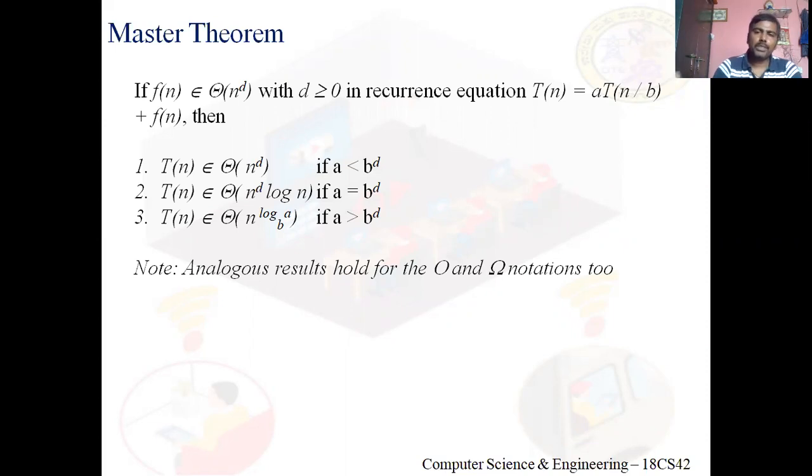Based on these cases, if a is less than b power d, then the efficiency class is big theta of n power d. I mean, t of n belongs to big theta of n power d. If a equals b power d, then t of n belongs to big theta of n power d log n.